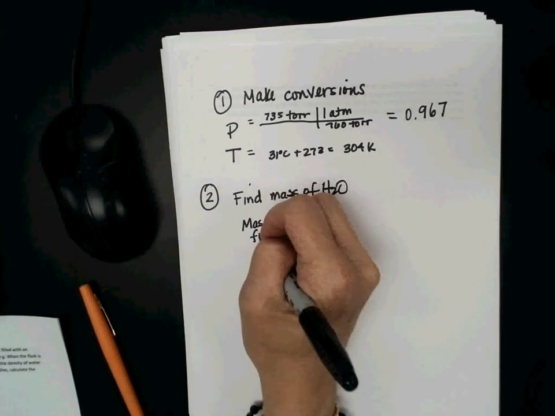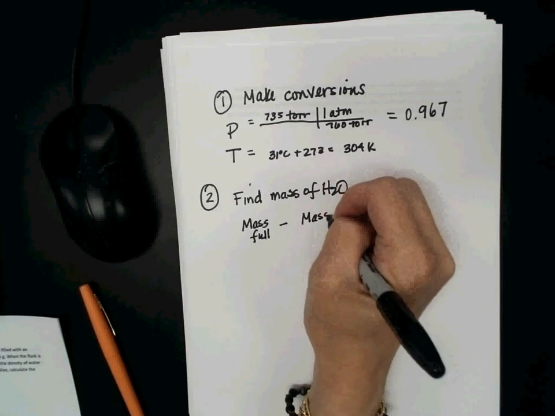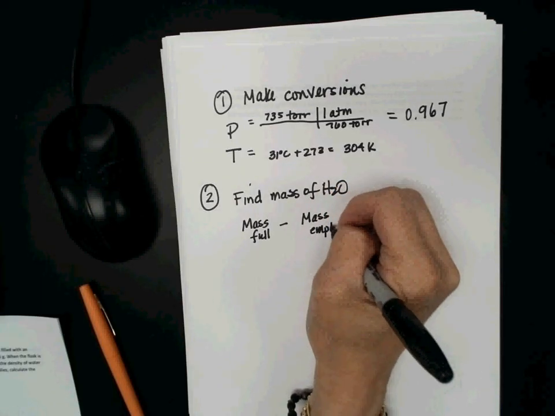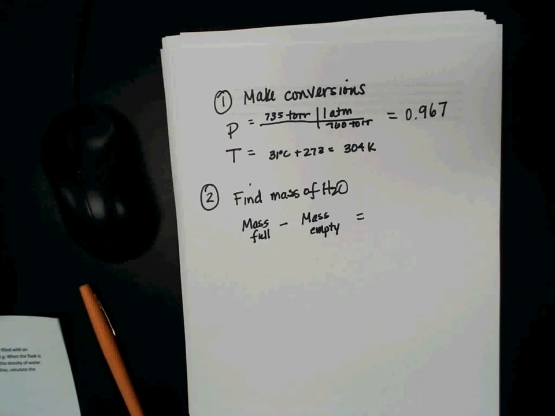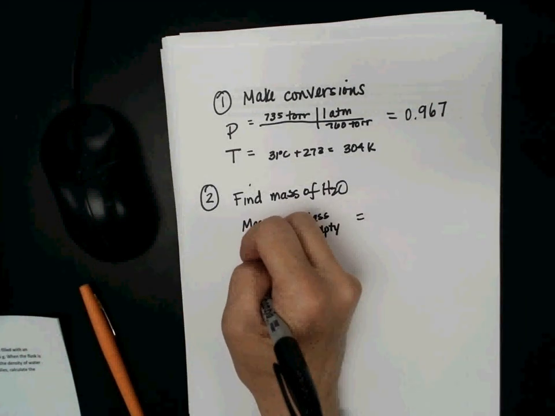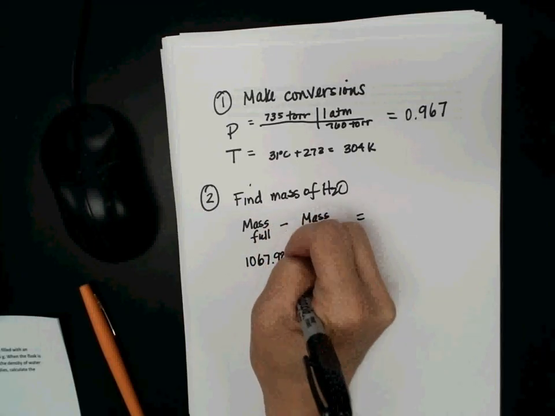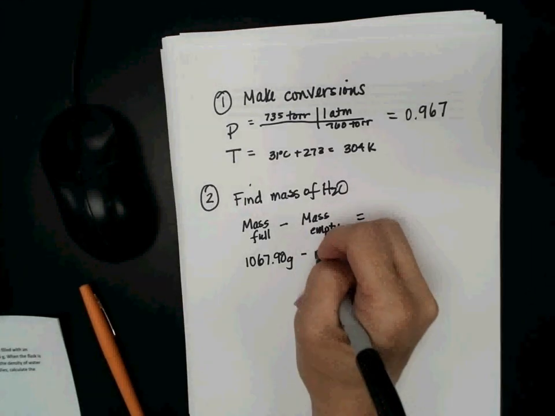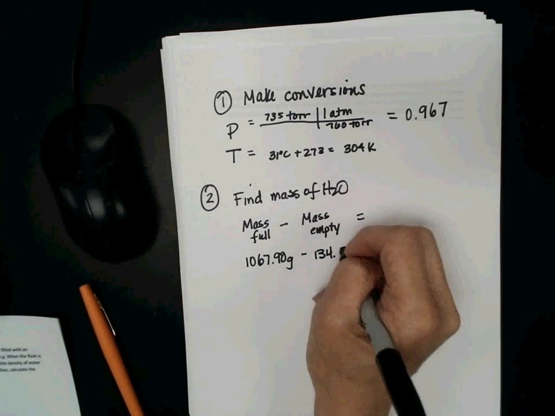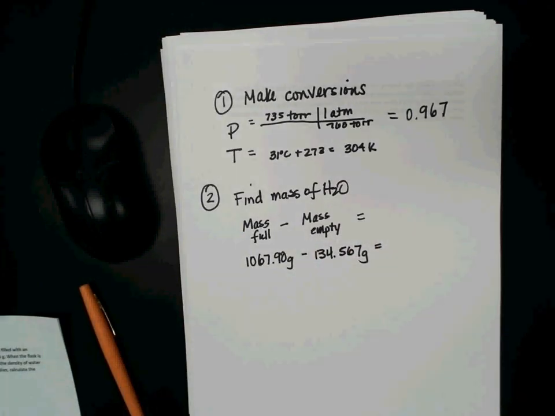So I need to take the mass of the full flask minus the mass of the empty flask and see what that equals. So the full flask was 1,067.90 grams minus my empty flask, 134.567 grams.